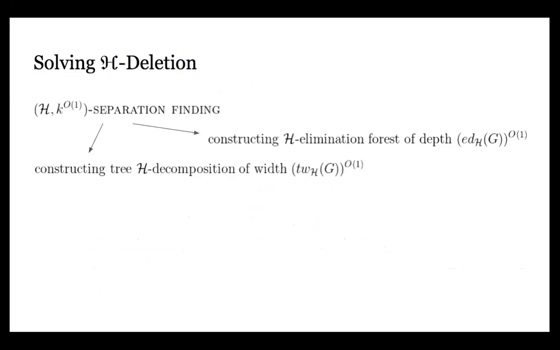So let us summarize what I have already said: when we can solve the separation finding problem with a polynomial approximation ratio, then we can use it to construct a tree decomposition of width polynomial with respect to the optimal one, and the same works for constructing an elimination forest.